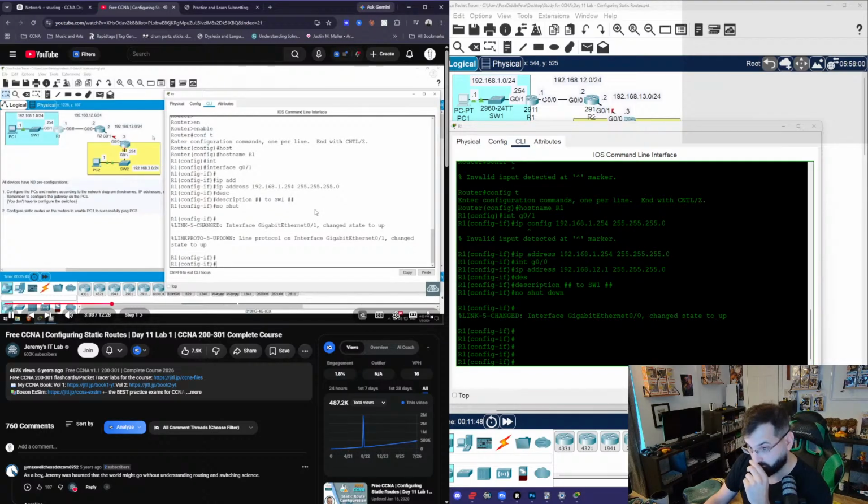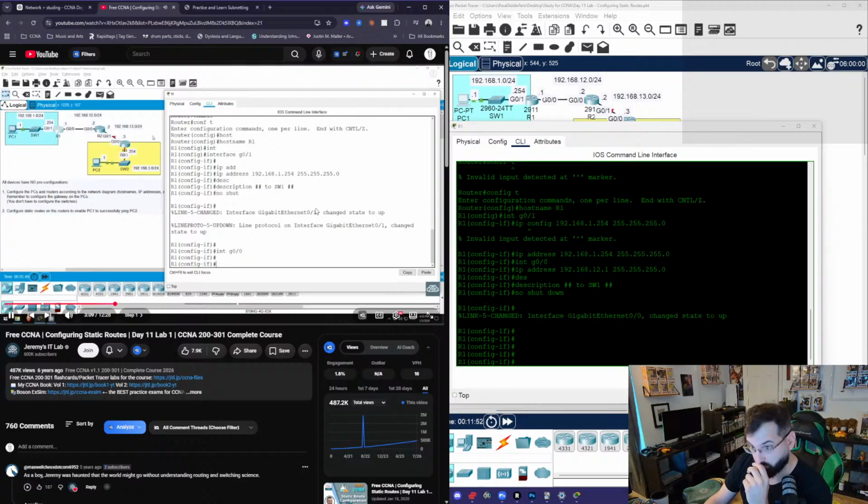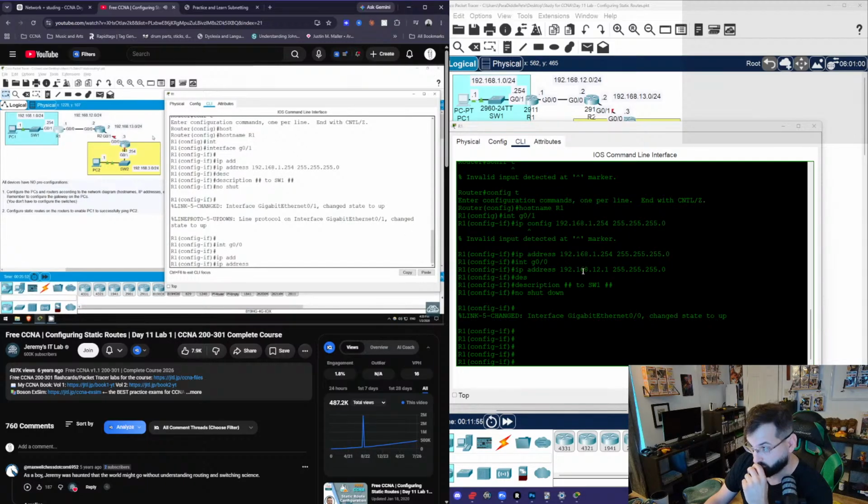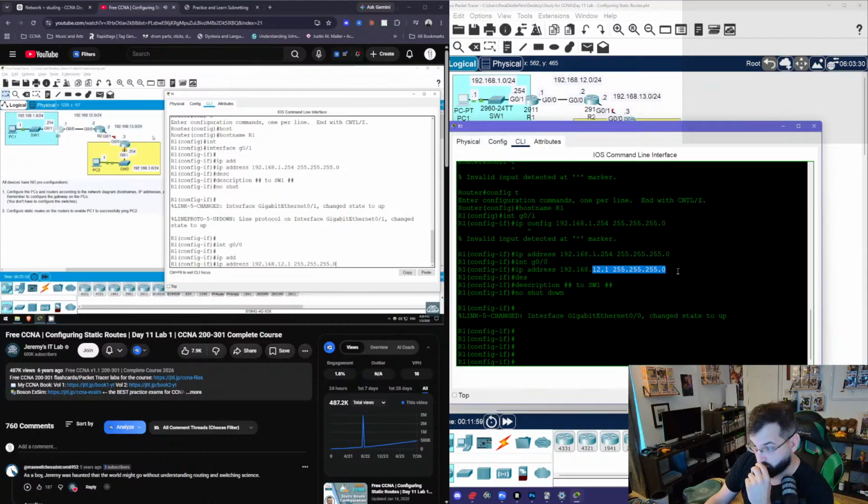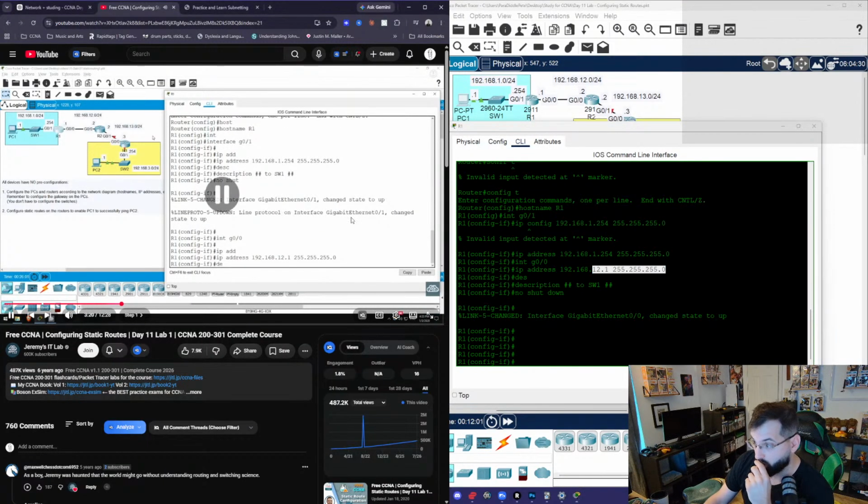Next, the G0/0 interface connected to R2. Interface G0/0. I'll set the IP address, 192.168.12.1, 255.255.255.0. Next, the description. Oops, I put the description on the wrong interface.